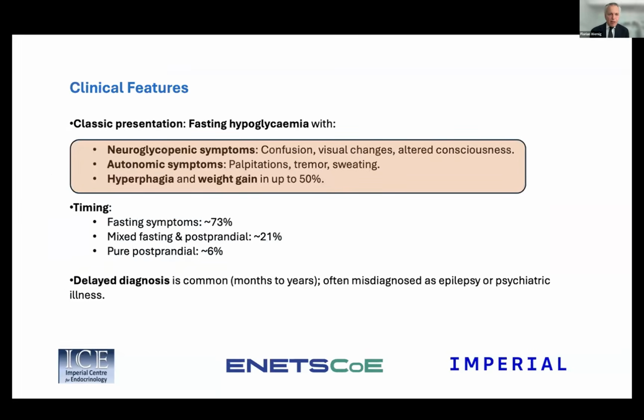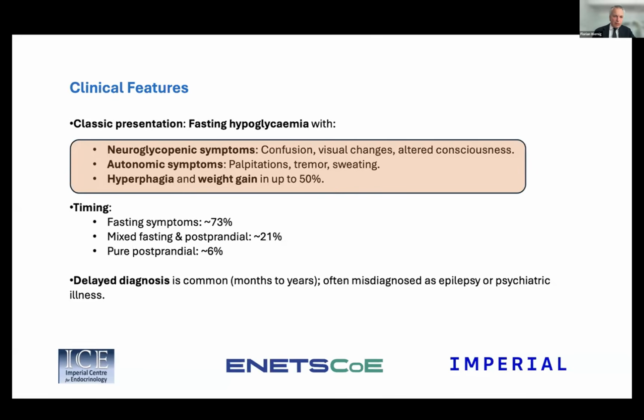The clinical features are fasting hypoglycemia presenting with neuroglycopenic symptoms, such as confusion, visual changes, altered consciousness, but also some autonomic symptoms such as palpitations, tremor, and sweating. Patients often develop hyperphagia, and weight gain is an important feature which occurs in about 50% of patients.